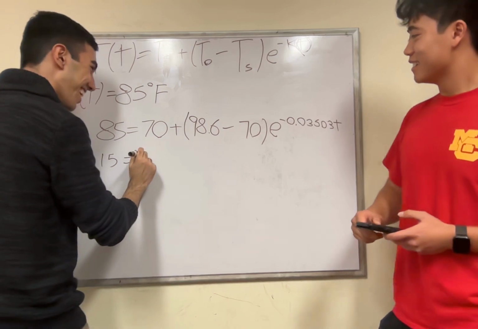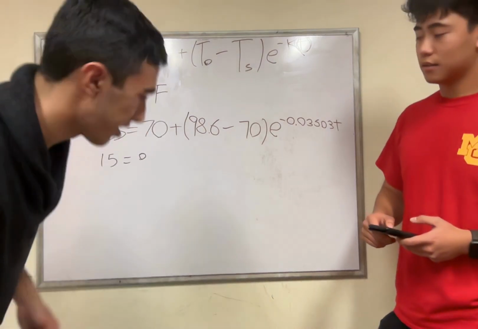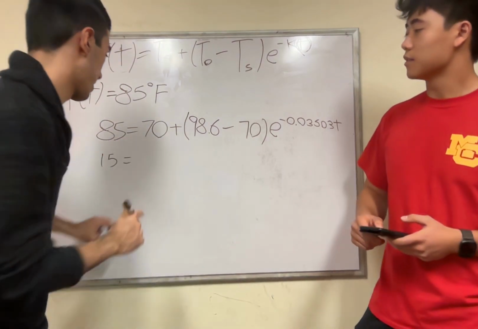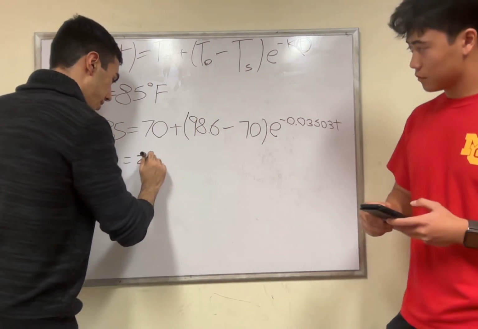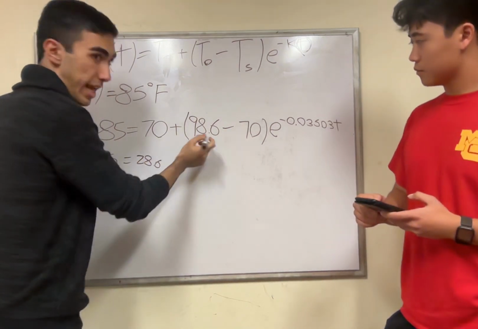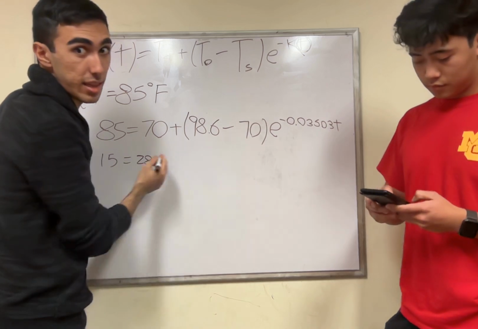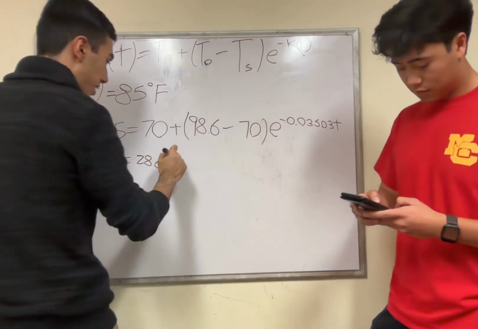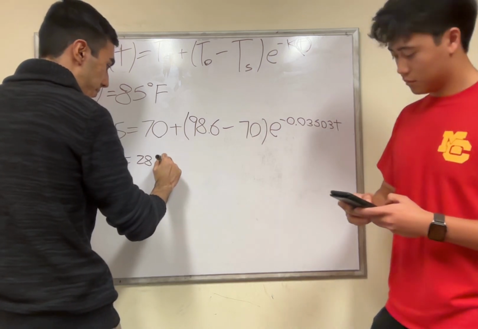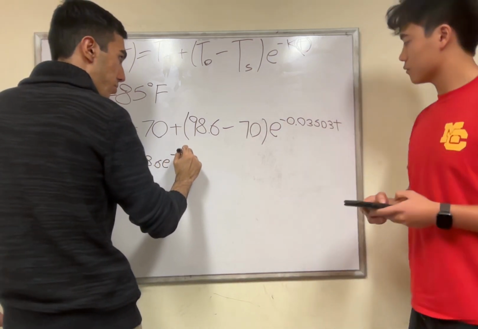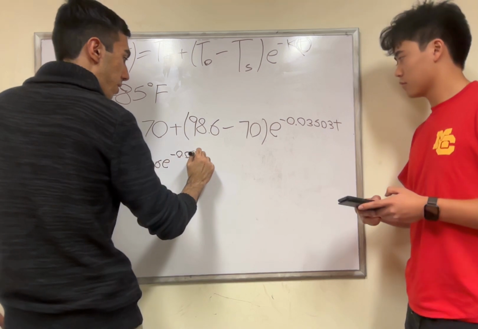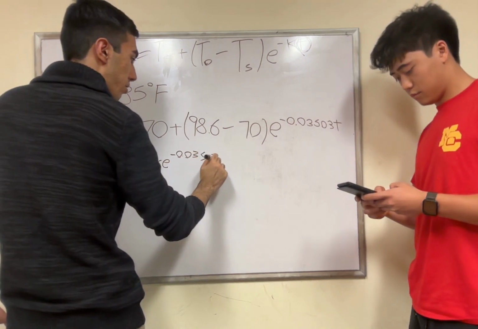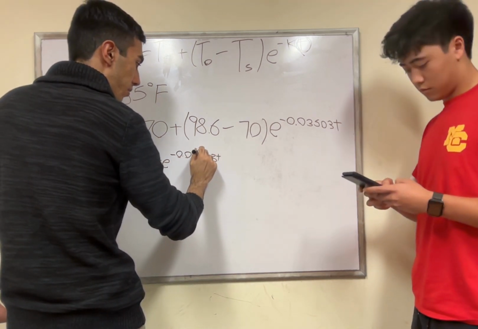Then this would be 28.6, which is from doing 98.6 minus 70, and the 15 is from doing the 85 minus 70. And then times e to the negative 0.03503t.